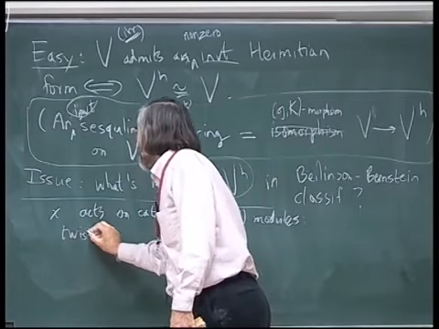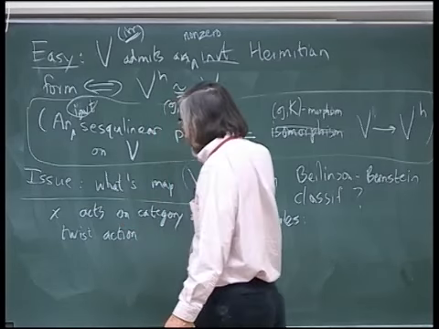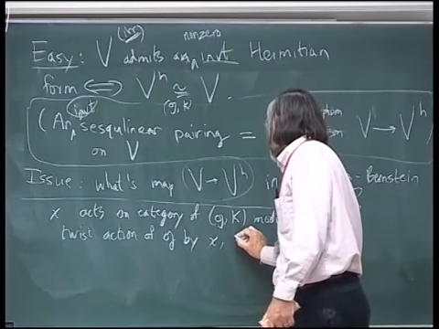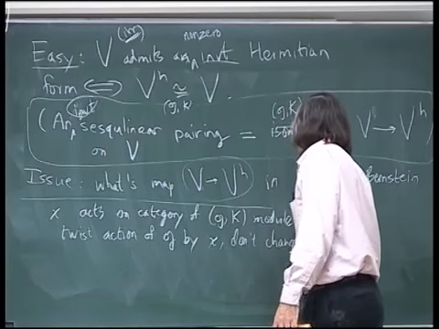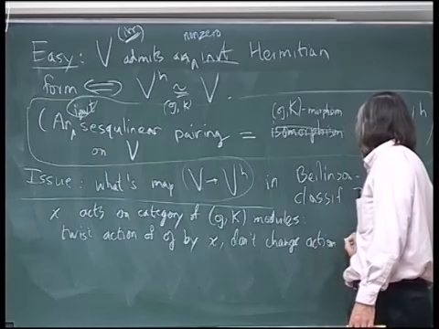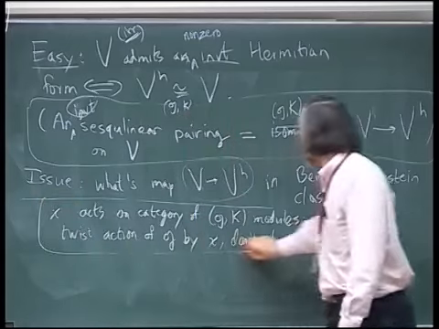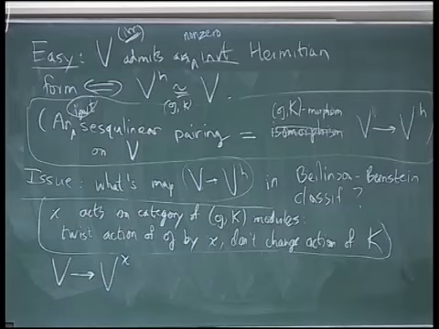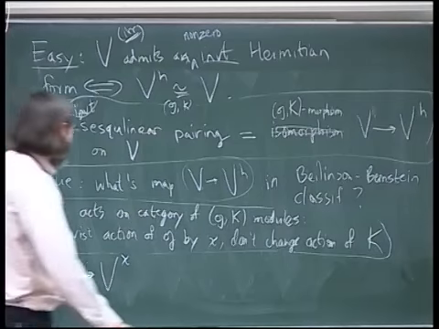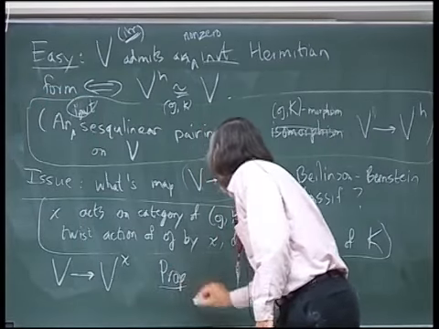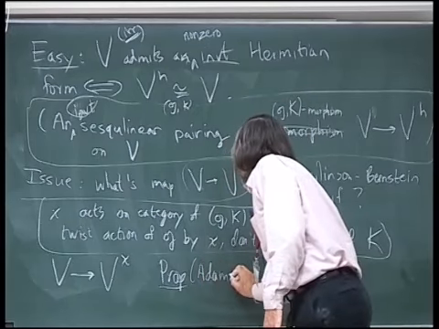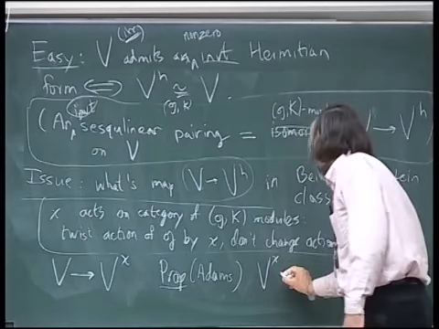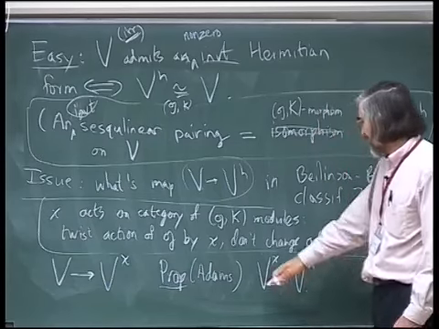What you do is you twist the action of G by X, and you don't change the action of K. So I can write this as V goes to V twisted by X. And the proposition, which I think is basically Jeff Adams, is that this is the isomorphism that we're talking about.